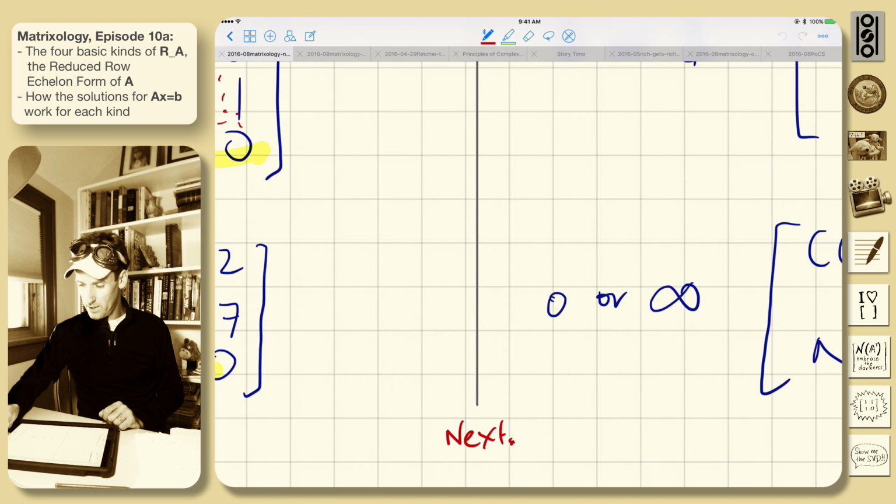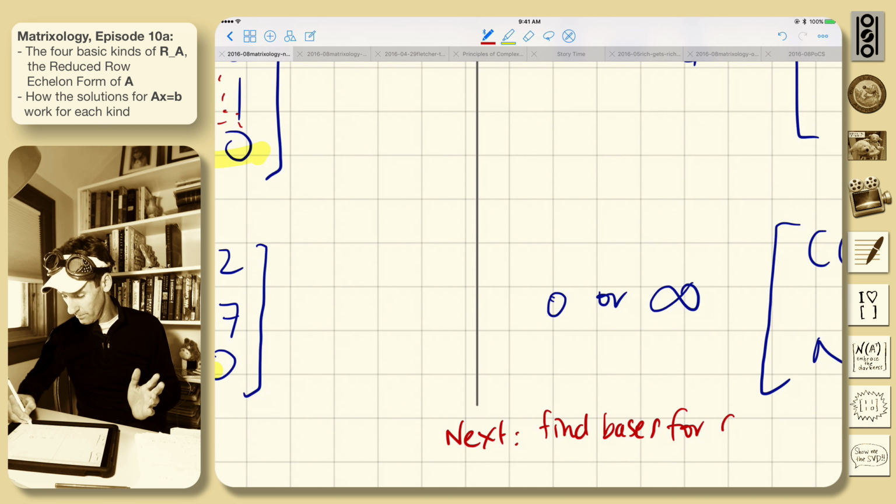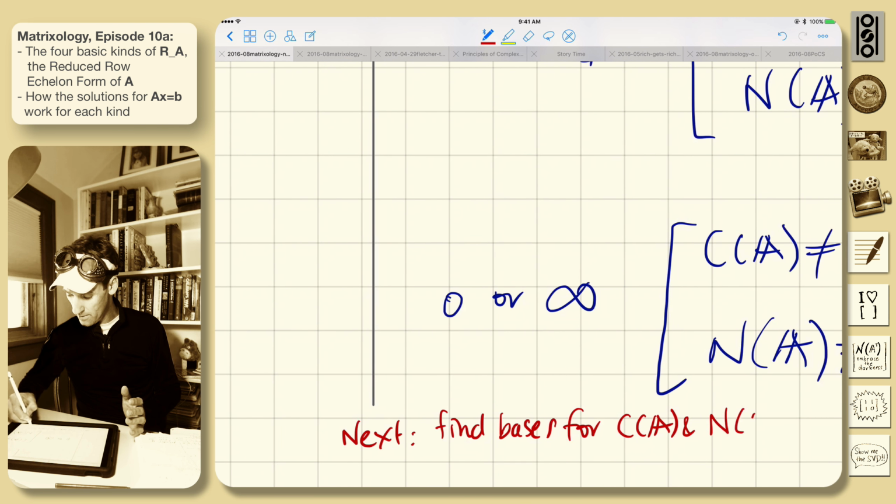We want to find bases. So how do we describe these subspaces? We're going to find bases for subspaces, which will mean the column space of A, and then the null space of A for us.